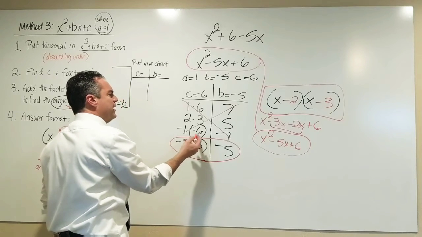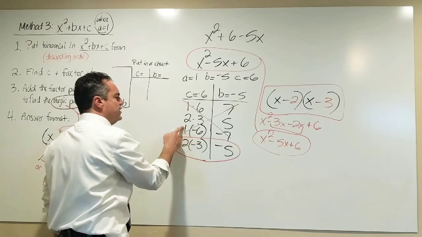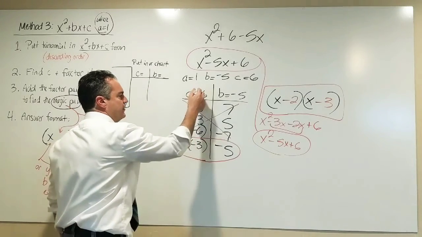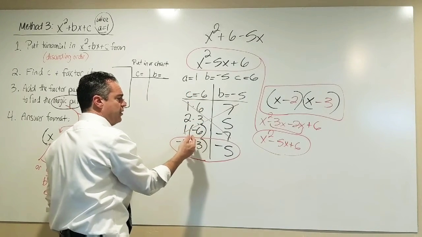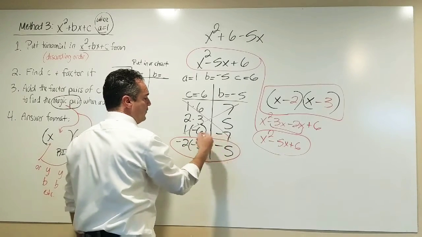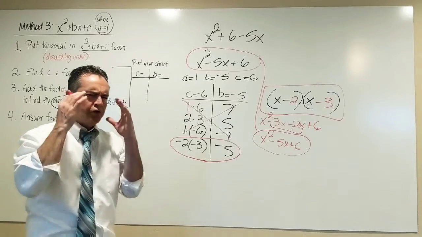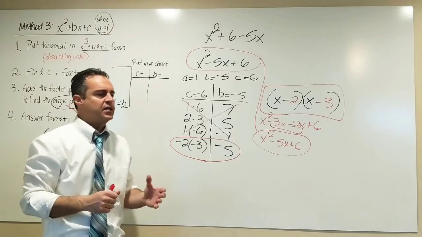Or sometimes people will say -6 and 1, because they forget that makes -6, and if they write it in the chart, they'll get it right. If you don't make a chart and you do it in your head, you're going to make some mistakes with your negatives.